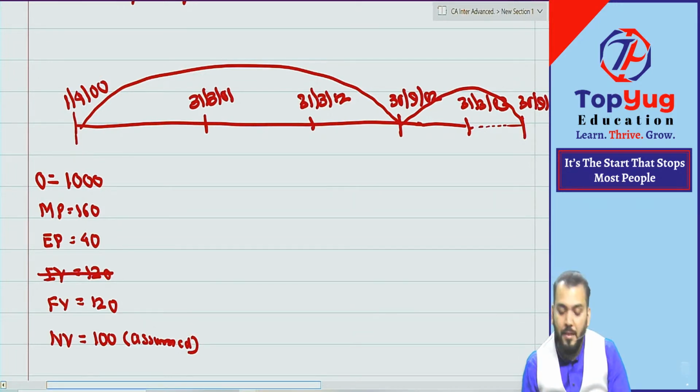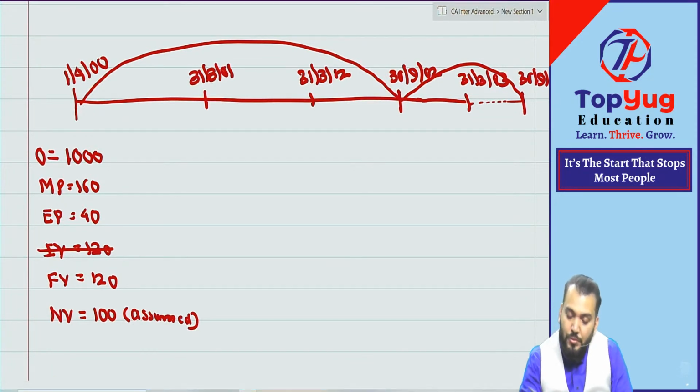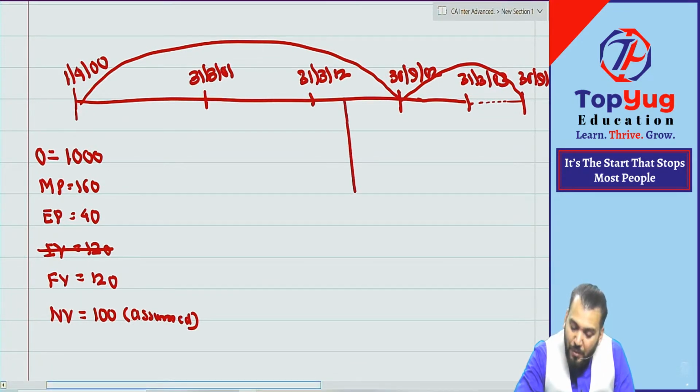Understood? It should be clearly drawn. It will help you. Then some options were cancelled on which date? 1st May 2002. So 1st May is somewhere here. On 1st May 2002, how many options were cancelled? 300 options were cancelled.